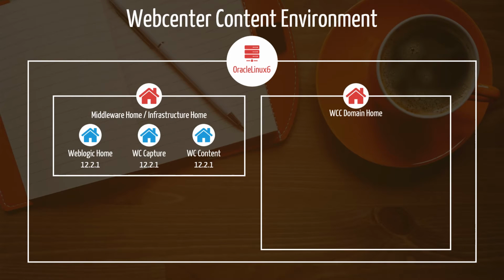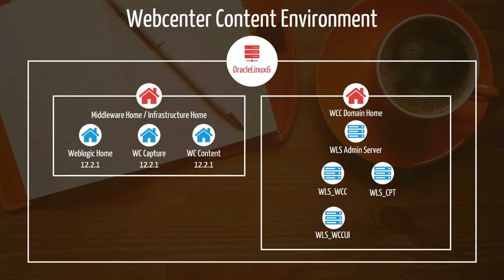Then we'll be creating WCC domain which contains admin server, WLS_WCC which is our core Webcenter Content managed server, and WLS_CPT which is Capture managed server, WLS_WCC UI which is used by end users for uploading and managing content, and finally WLS_IBR which is inbound refinery used for content conversions.